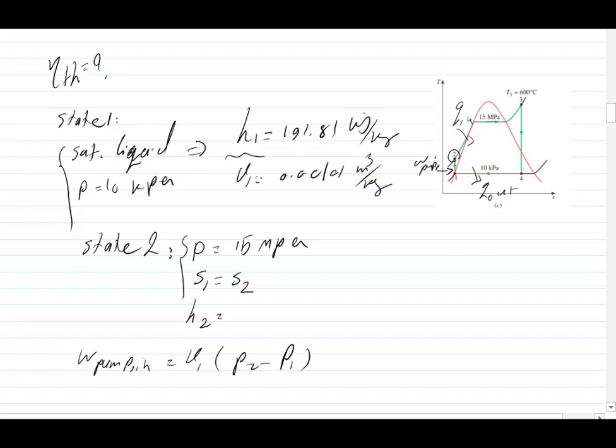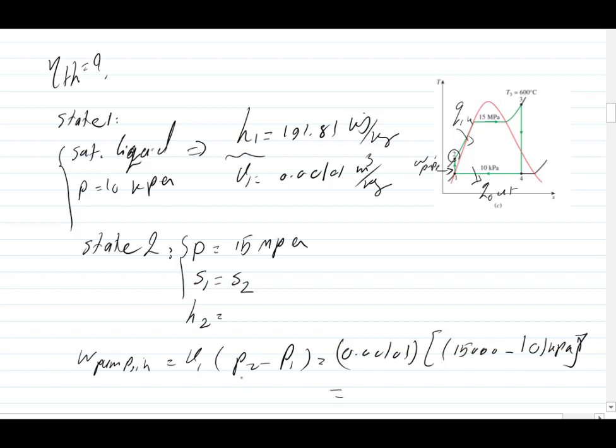Okay, so we have v1, and simply by substitution of v1 here times, do not forget to convert 15 megapascal to 15,000 kilopascal, minus 10 kilopascal.